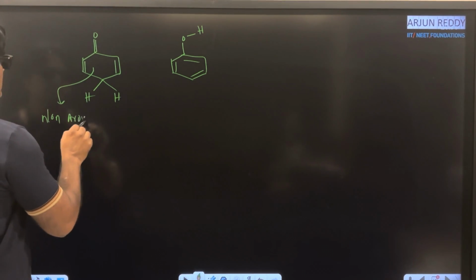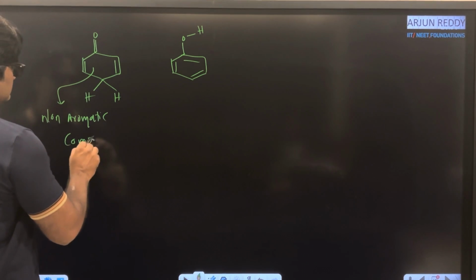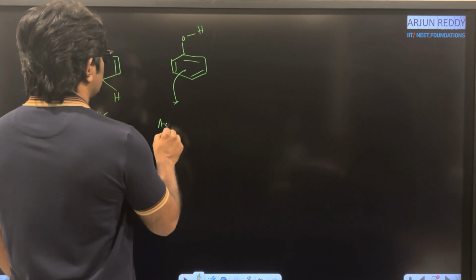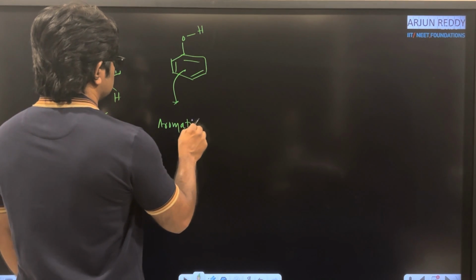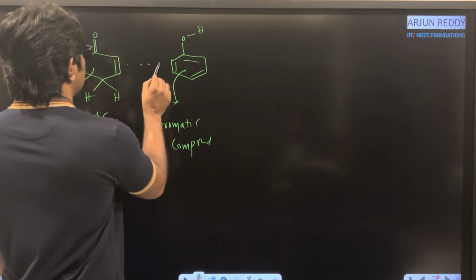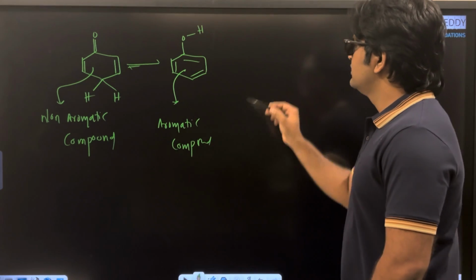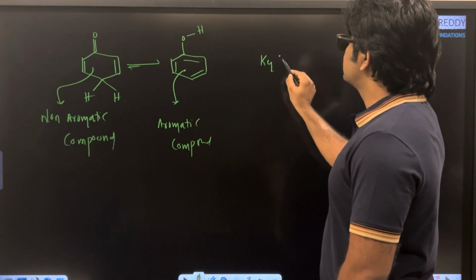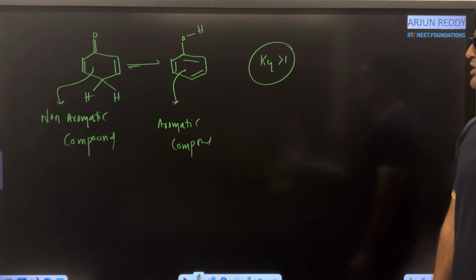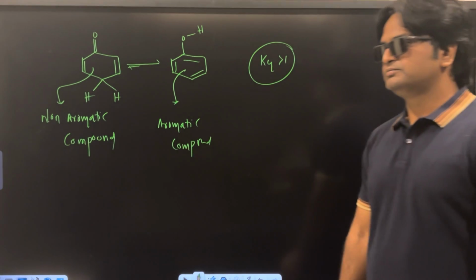This molecule is a non-aromatic compound, and this one is an aromatic compound. At equilibrium, definitely enol content is more compared to the keto form. Then what is the equilibrium constant value? Greater than 1. Very important example. The equilibrium constant value should be greater than 1. Okay, right.